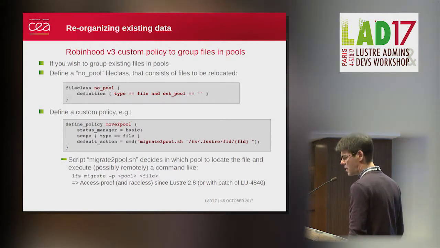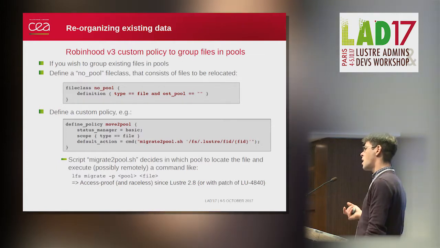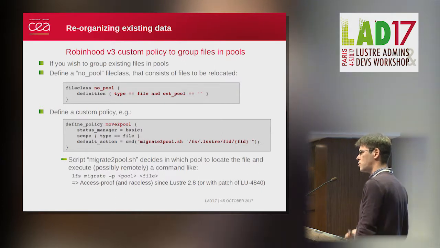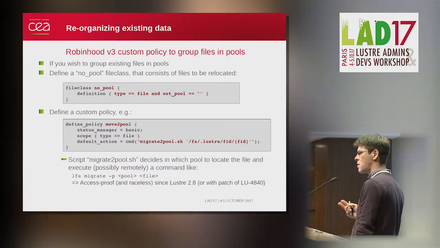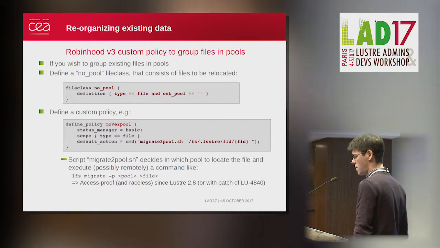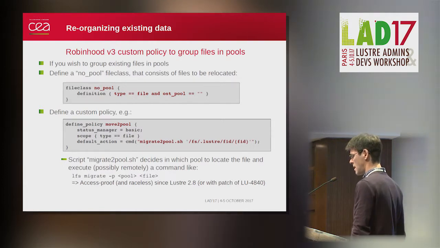Here we have defined a basic status manager just to keep track of OK and failed status of the command, to track the progress of the pool assignation, and to keep track of errors in case of the pool movement.